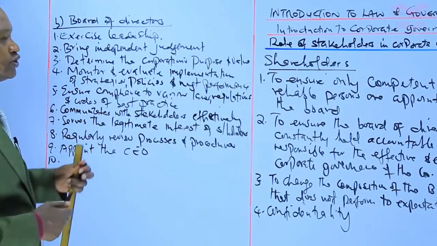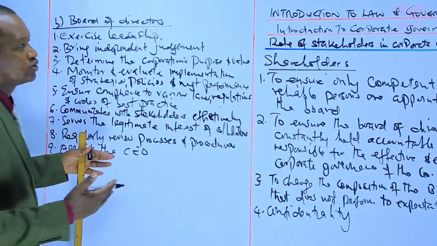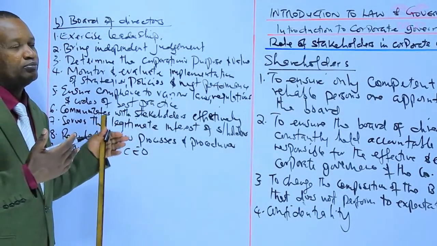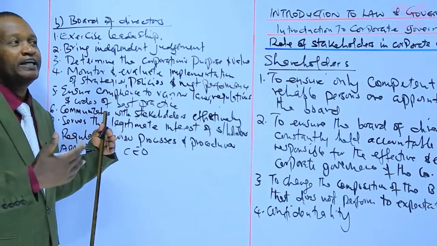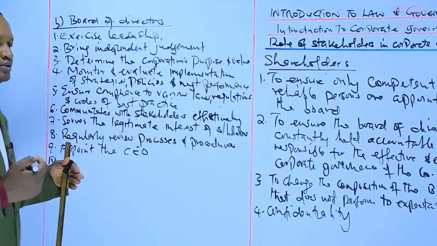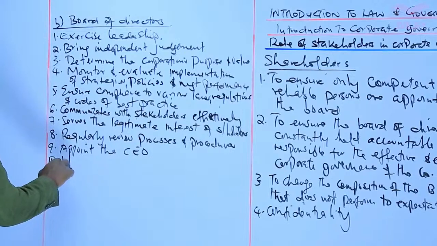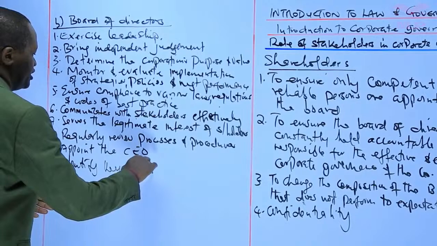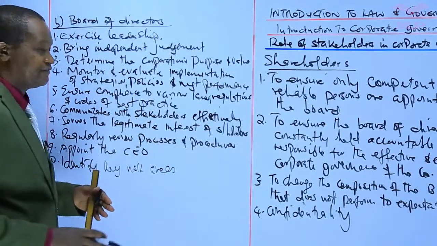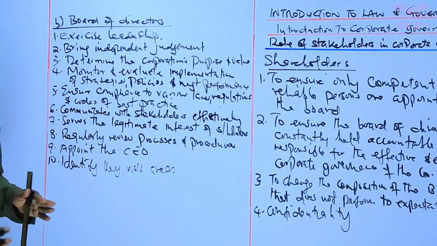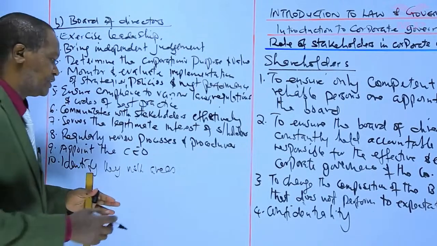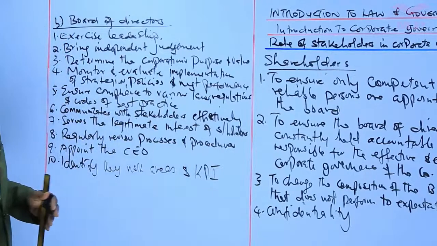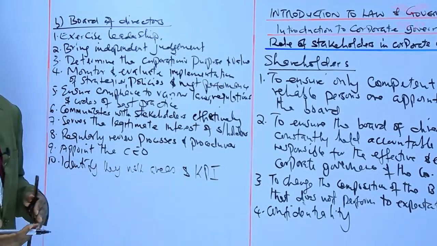The board of directors, you can also say, has a role in relation to risk. The board of directors have a role to identify key risk areas, and also the key performance indicators of the business.